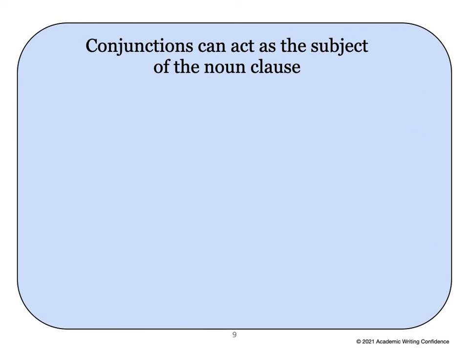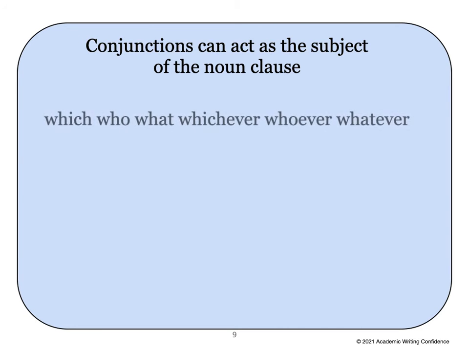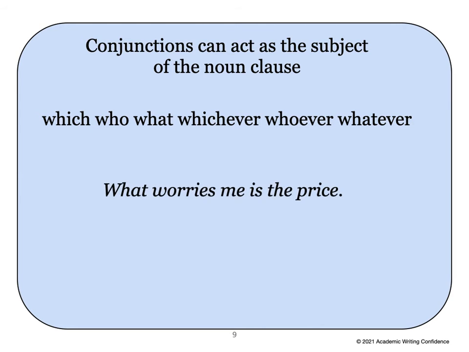Conjunctions can also act as the subject of the noun clause. Which, who, what, whichever, whoever, whatever can all be used as the subject of the noun clause. Now, here's an example. What worries me is the price. In this sentence, the noun clause is the words, what worries me.